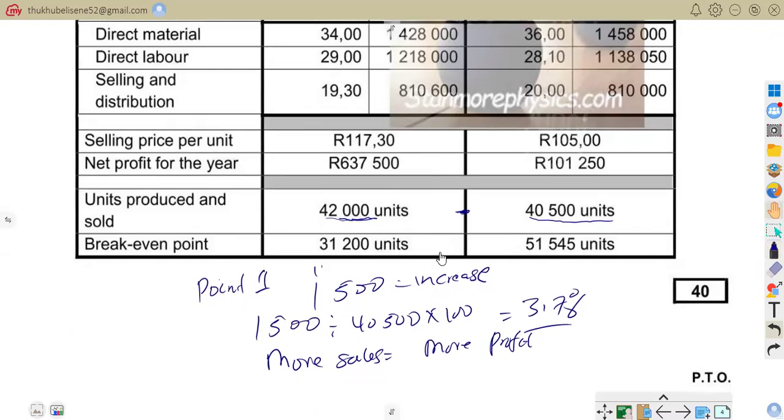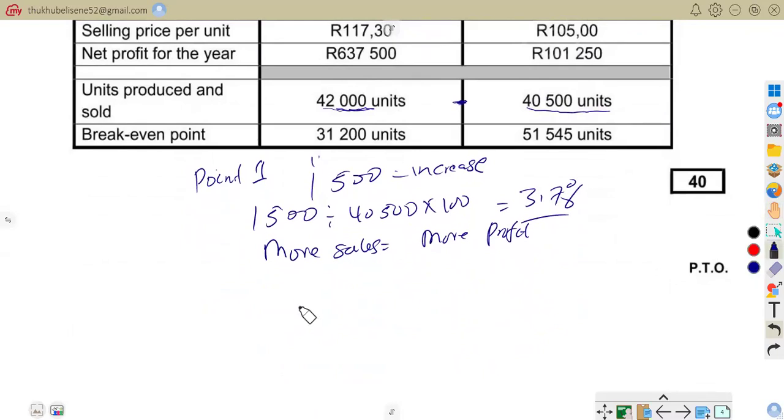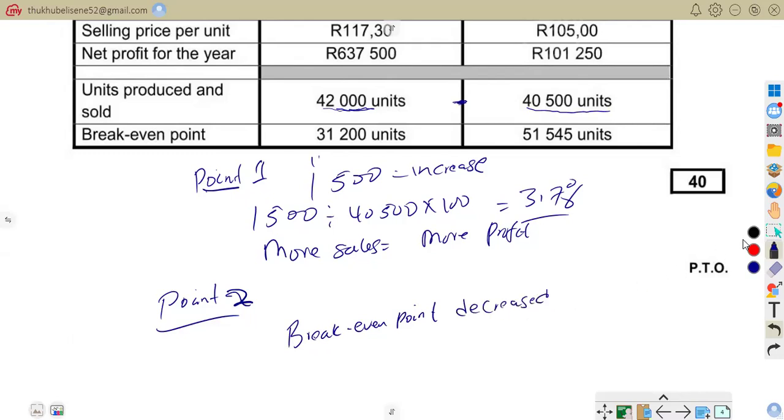So point two, because we are asked to give 2 points. Point two is that the break-even point decreased. Why are we saying our break-even point decreased?